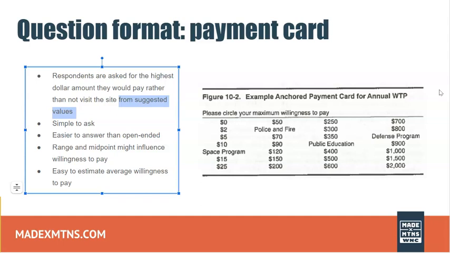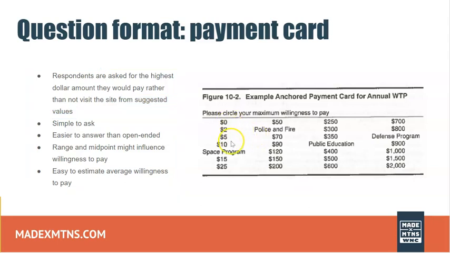Looking at these numbers, it might be for an environmental quality improvement at a recreation site, or just the construction of a new recreation site. But here's a list of values, and you're told how much you pay for other publicly provided goods, and that's known as an anchored payment card.